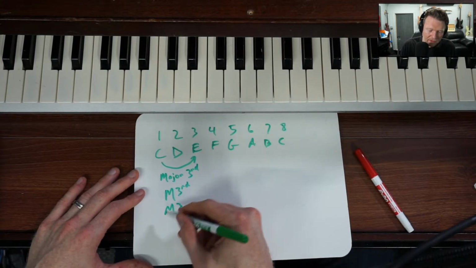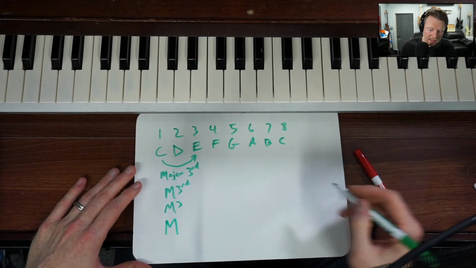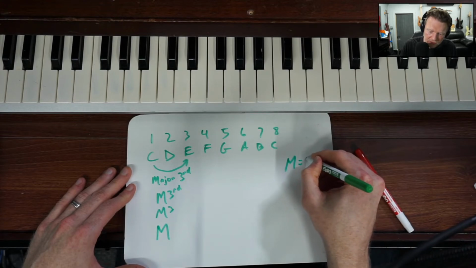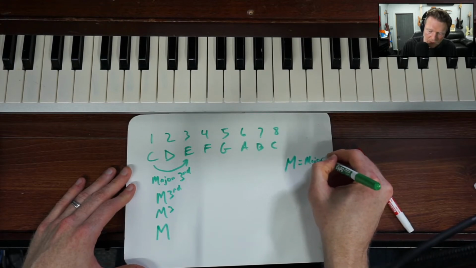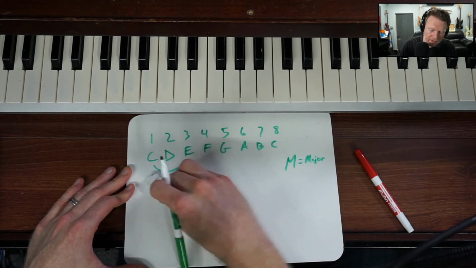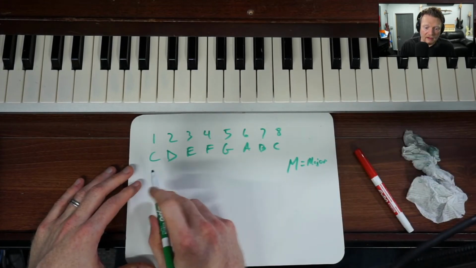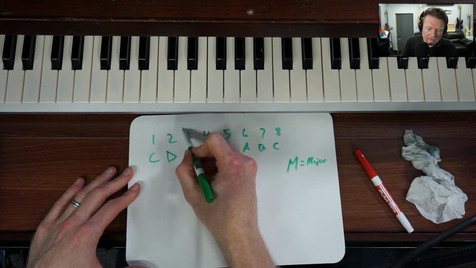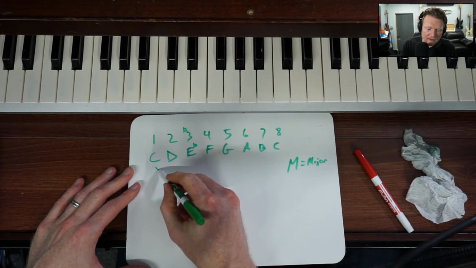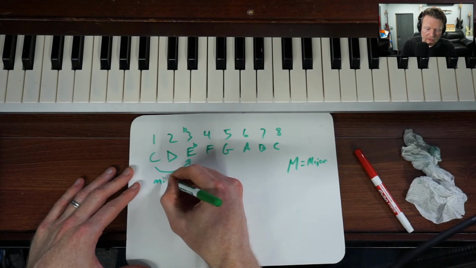But the easiest way to do it is we're just going to write a big M. A big M equals major. Hopefully that makes sense. Now, if you were to jump from C to the flat third, so C to E flat, this interval here is called a minor third.